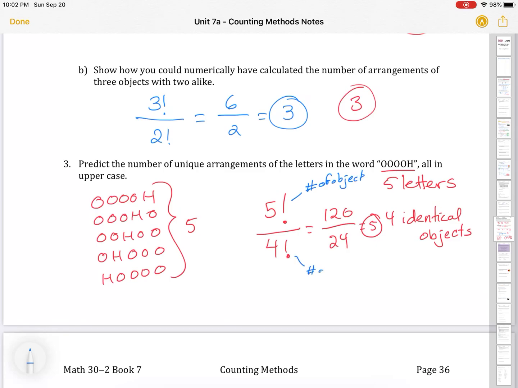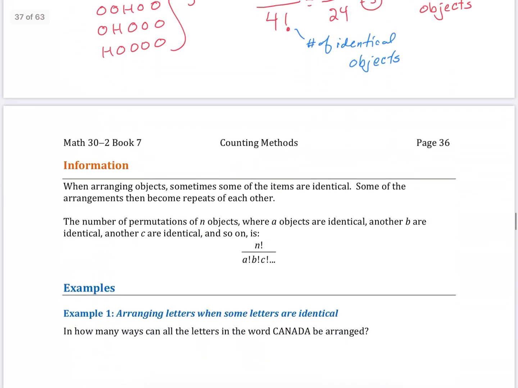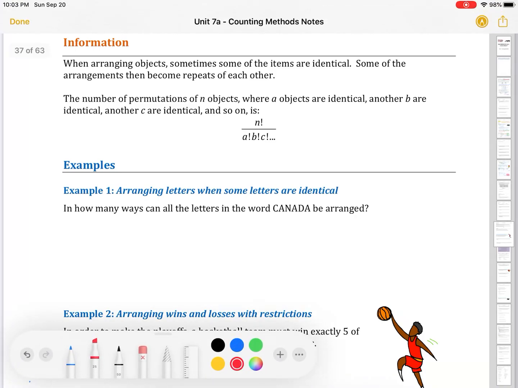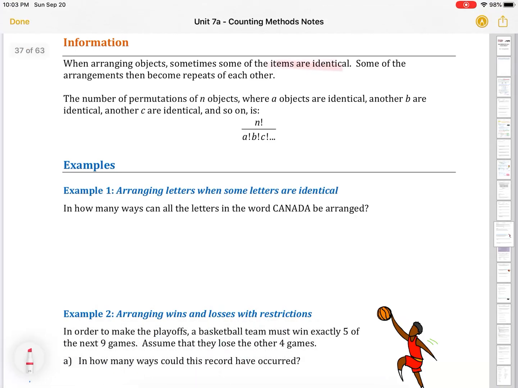So basically what's on top is the number of objects, and then below is the number of identical objects. Let's see how that works. When arranging objects, if some of the items are identical, some arrangements become repeats.